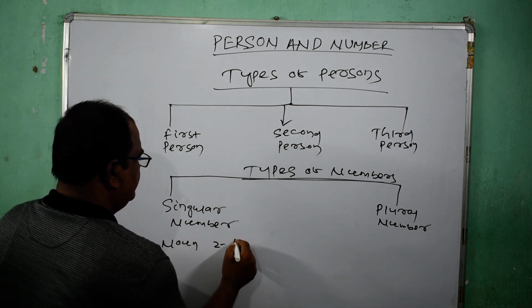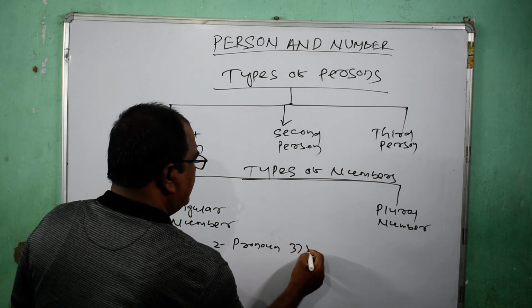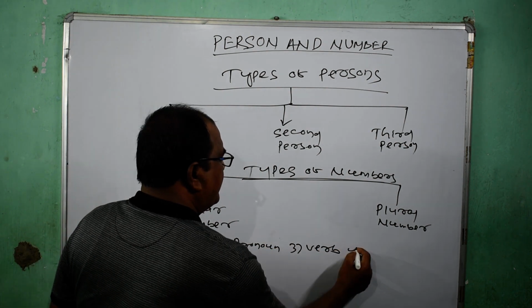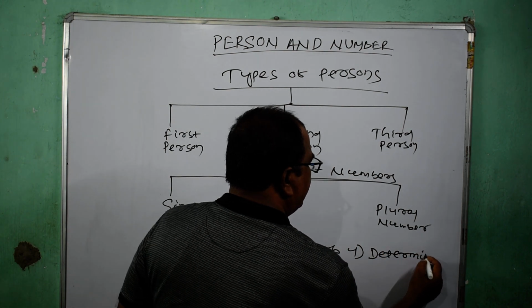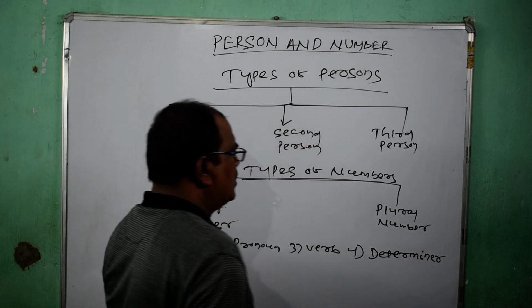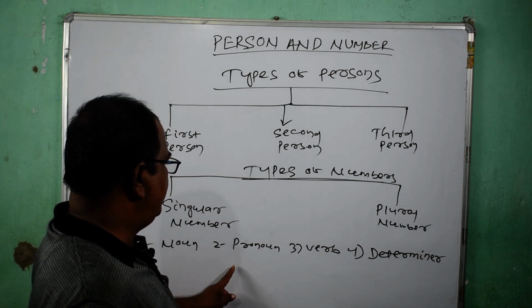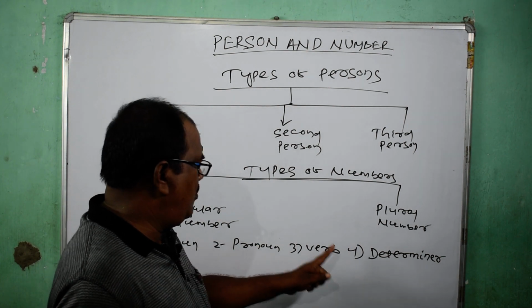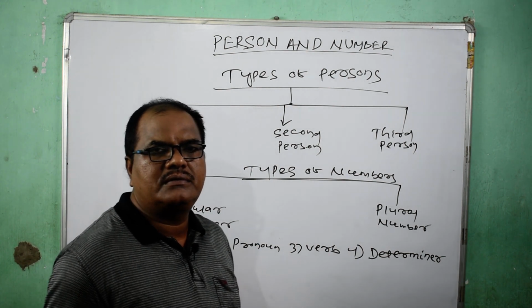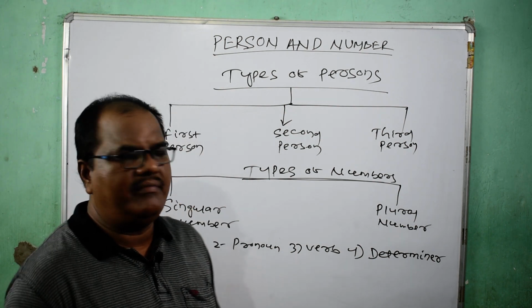Noun, pronoun, verb, determiner. In other words, we can say that these different categories of words have both singular as well as plural forms.